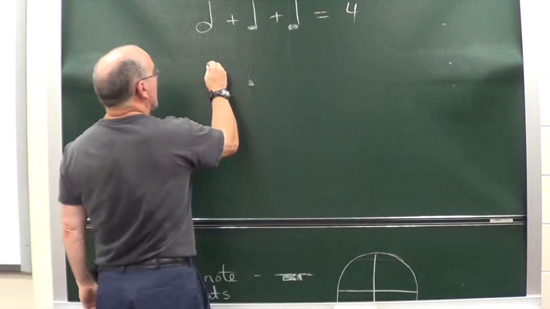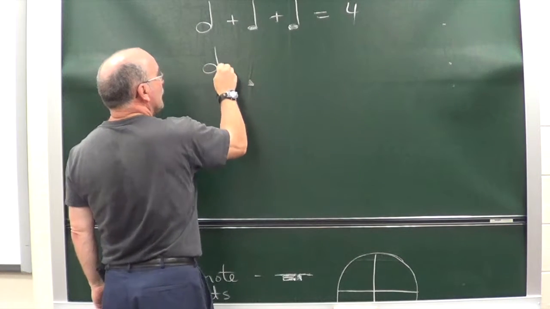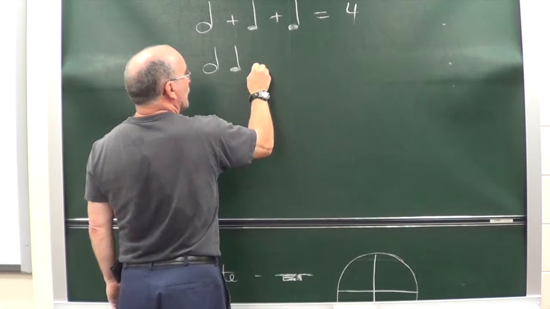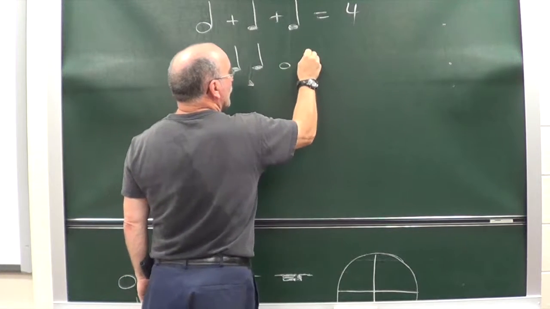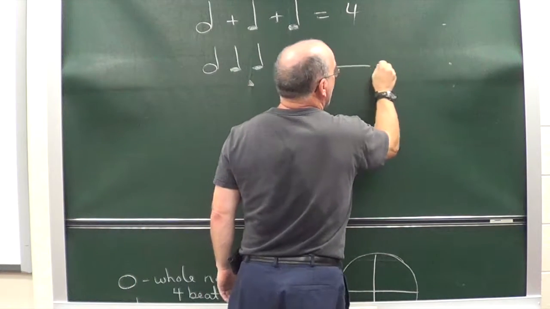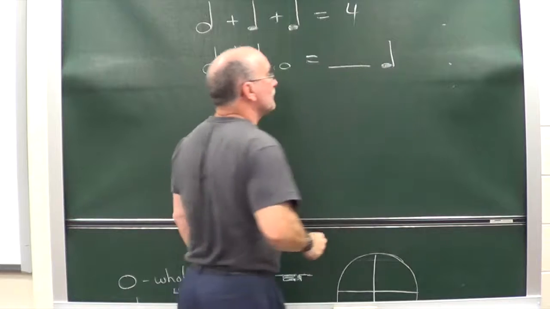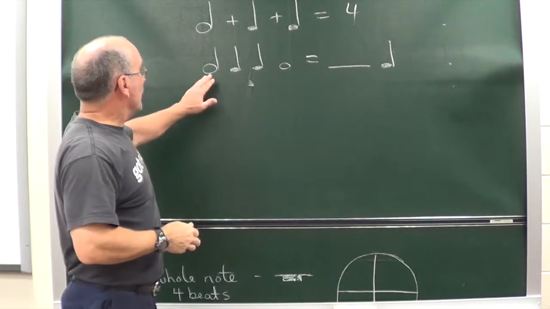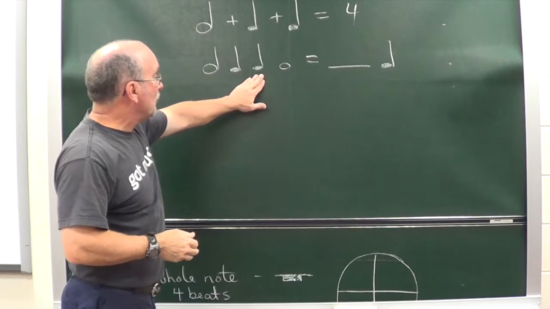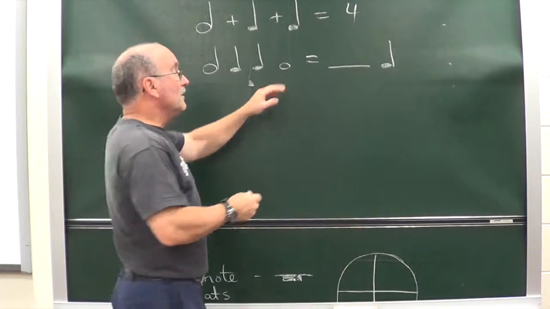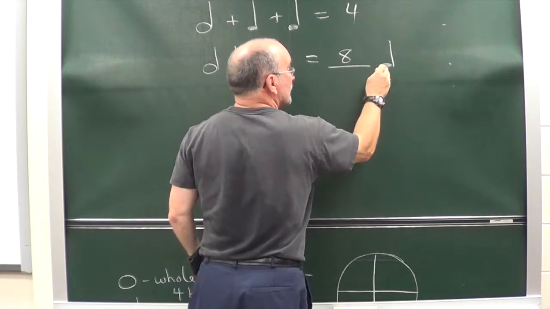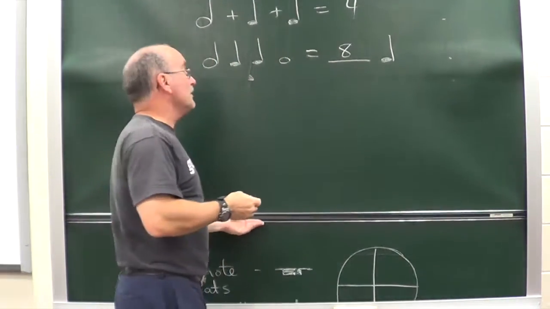Other questions on the assignment are going to be, well, if you have a half note and a quarter note and a quarter note and a whole note, that's equal to how many quarter notes? Well, the answer is, okay, there's 2, plus 1 is 3, plus 1 is 4, plus 4 makes 8. It's 8 quarter notes, because quarter note gets 1 beat.